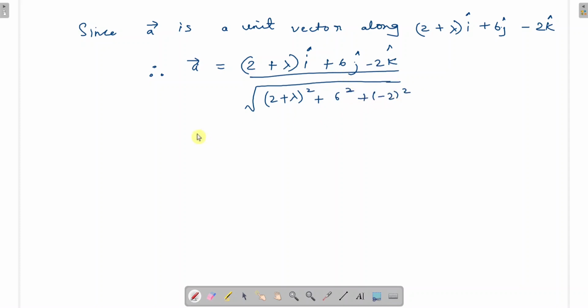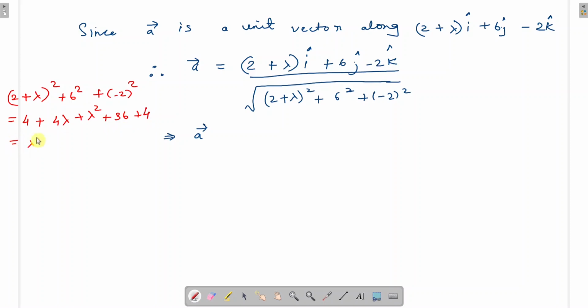Now we will simplify the quantity inside the root. On the side, let us see what this comes out to be: 2 plus lambda the whole square plus 6 square plus minus 2 square. Using a plus b the whole square equals a square plus 2ab plus b square, we get 4 plus 4 lambda plus lambda square, plus 6 square which is 36, plus minus 2 square which is 4.